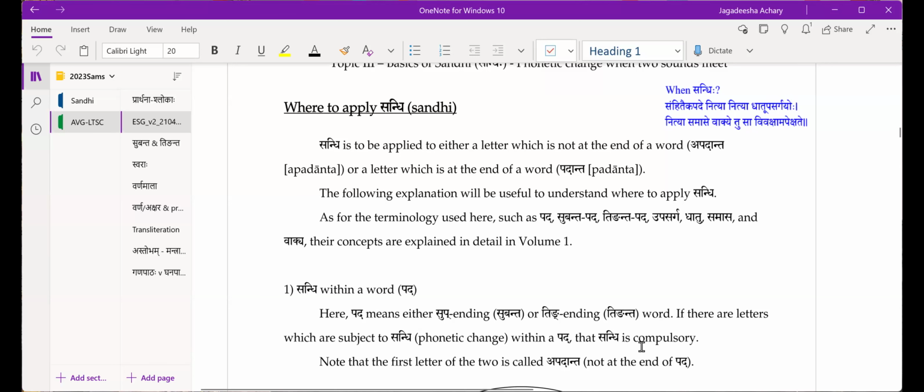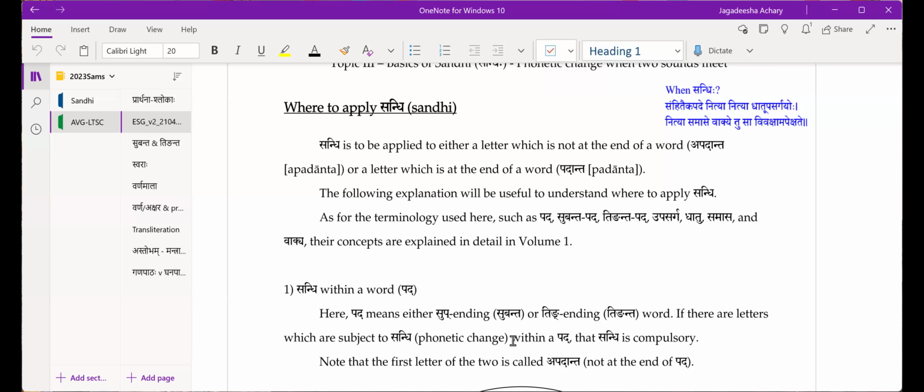So that means I have to tell what a sup and a ting is. Now, sup ending, subanta. Subanta means a noun word. It is specifically a noun word because there is a noun base, which we call pratipadikam, and a vibhakti pratyaya is attached. Suppose there is a word Rama as the pratipadika.